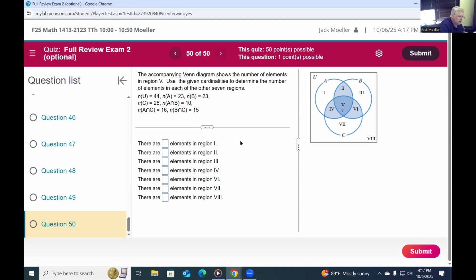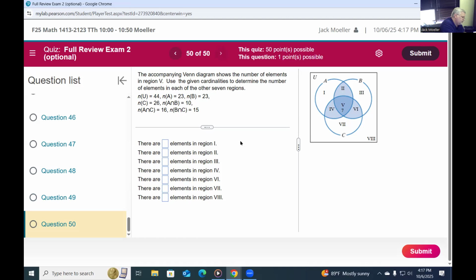Let me get all these numbers written down and then we'll go to the document camera. All right, so the number universe is 44. Also A is 23. B is also 23. C is 26. Okay. Intersection of A and B is 10.